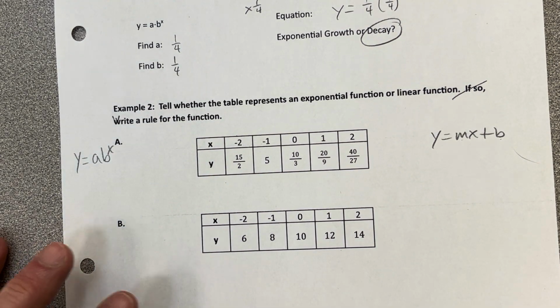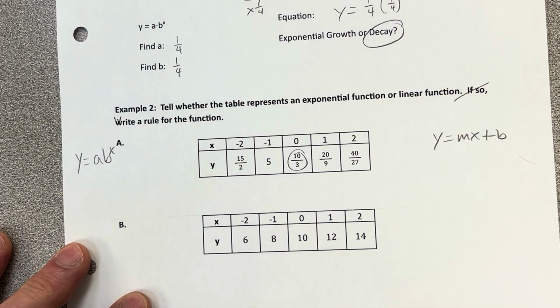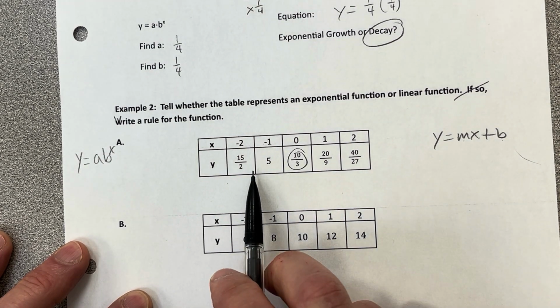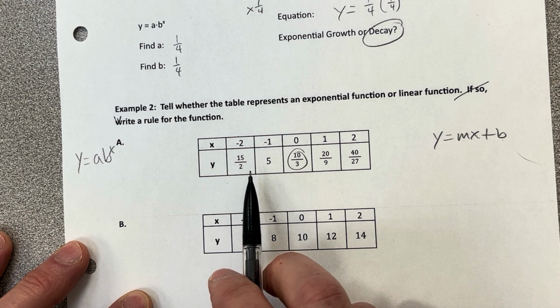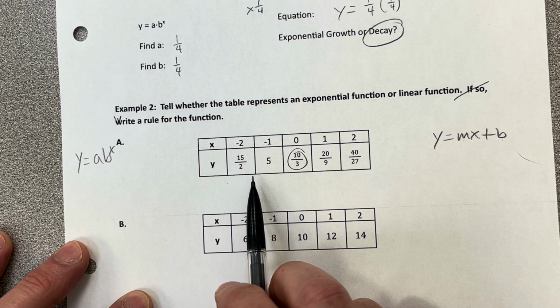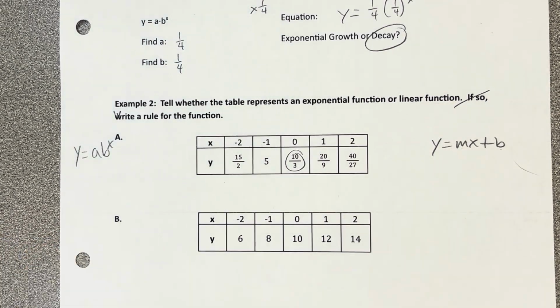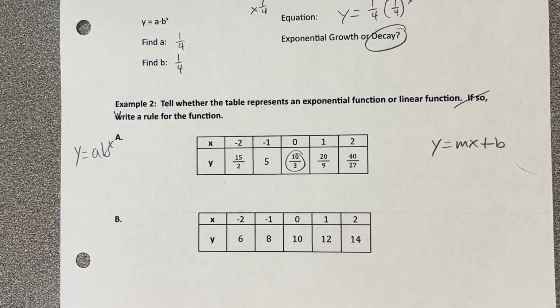On the first one, we've got our y-intercept right away. We're going to be using that no matter what it is. But then we've got to tell if this is exponential or linear. And it's tough with fractions. So what I do is I don't even really think about it a lot.